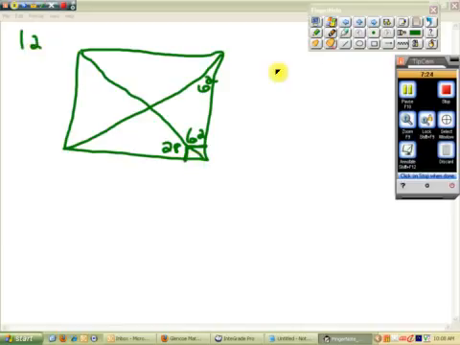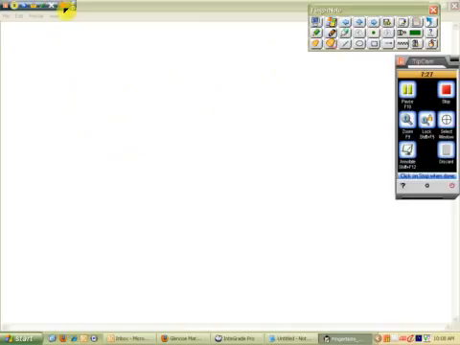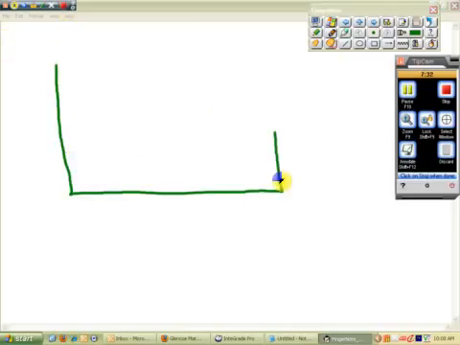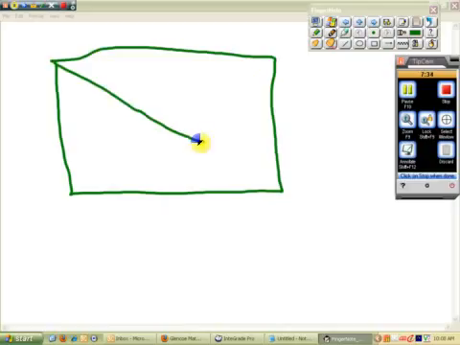All right, number 13, same picture. This is the hard problem. This time we're talking about the diagonal. R is here, X is in the middle, and T is over here. They say RX is 2y plus 2x, and this side is 3y minus 1.